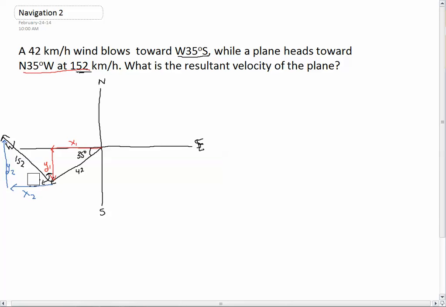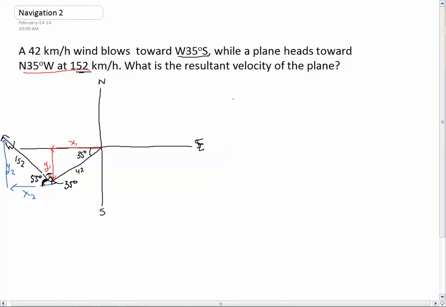So rather than putting the 35 degrees here, I'll draw it over here. We know that this portion is 90 minus 35, which gives us 55 degrees. So we're going to use the 55 degrees, and I've done that to keep the drawing easier to see. I could have put that blue triangle on top of the vector, but it's easier to work with it below the vector for the sake of the drawing.